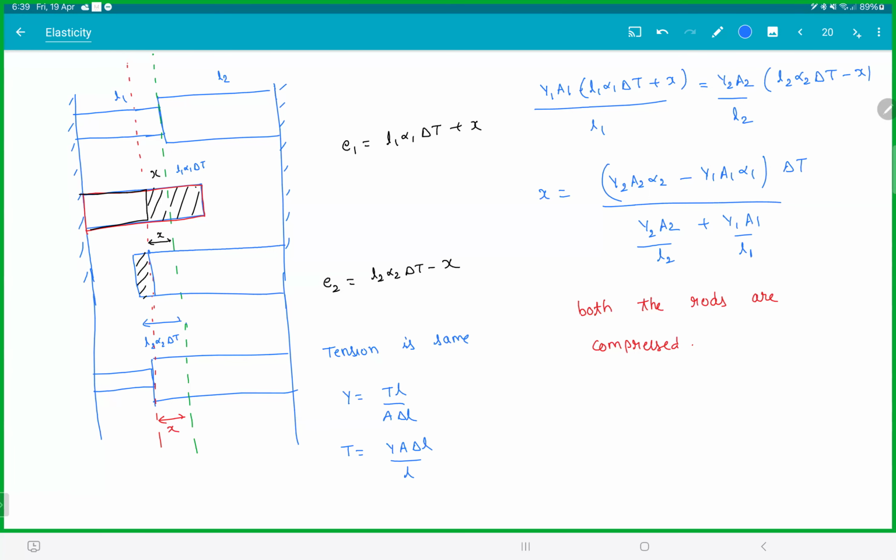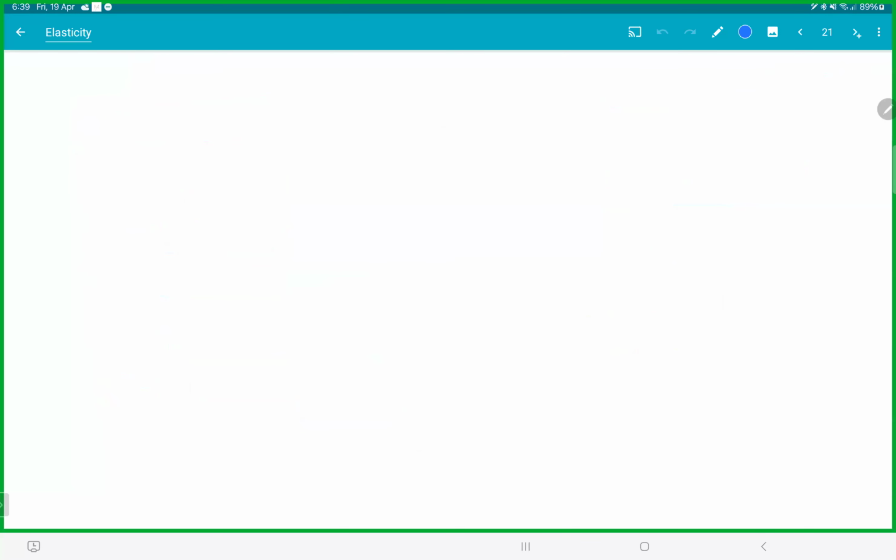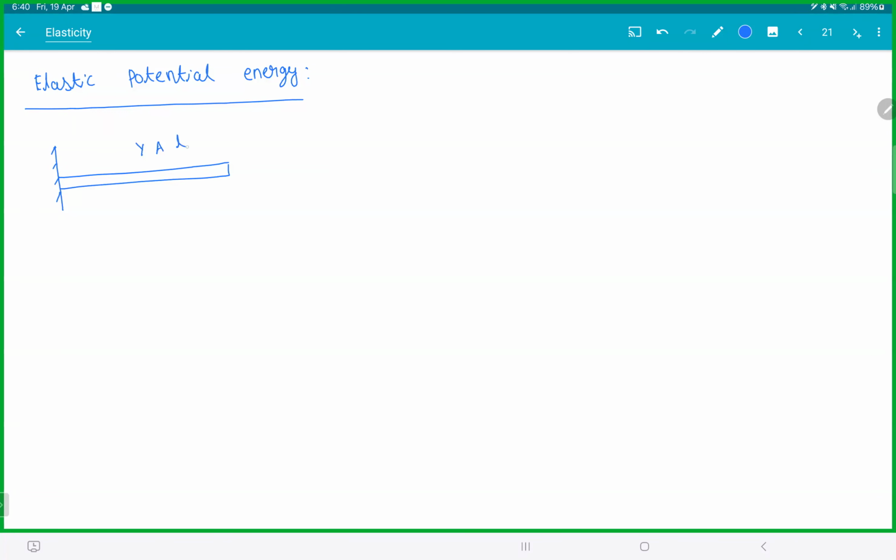Next thing. Now, if you have forces, you also have energies, or you can say elastic potential energy. So consider we have a rod of Y, A, length L, and let's say someone is applying an external force F. So this is the natural length.